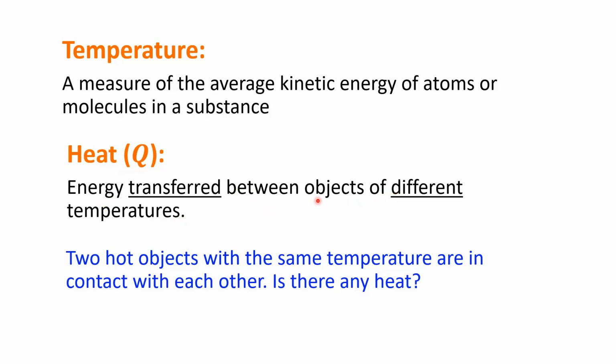Energy transferred between objects of different temperatures. If we have two objects with the same temperature, it doesn't matter how hot they are or how cold they are, there is no heat. There has to be a difference in temperature for energy to be transferred through heat. So you can see that we use it differently in physics than it's normally used.